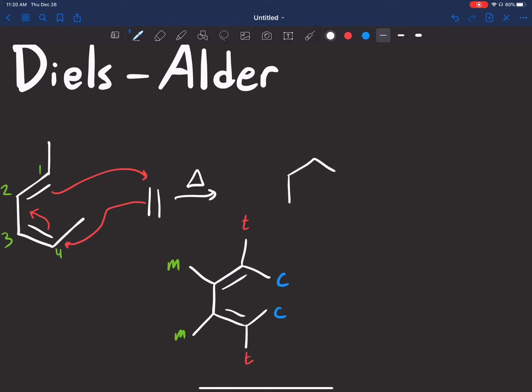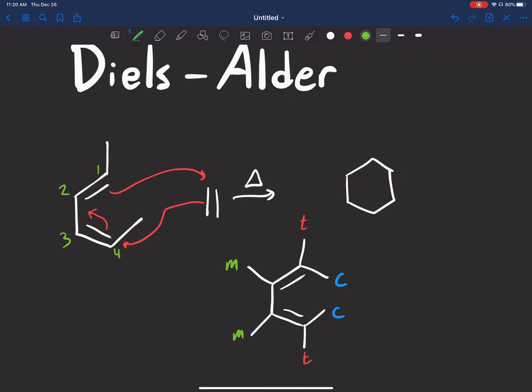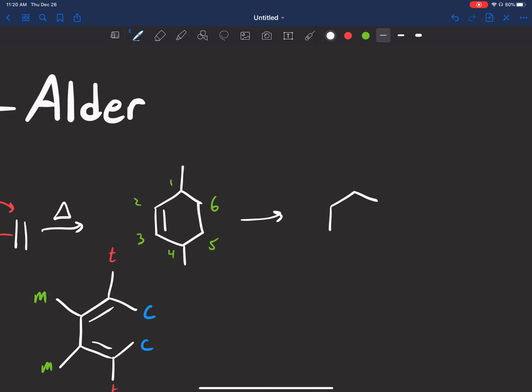Draw that 6-membered ring. Renumber 1, 2, 3, 4, 5, 6. Carbons 1 and 4 had those methyls. 2 and 3 get that double bond. So here's the planar version. Now let's draw it with stereochemistry.